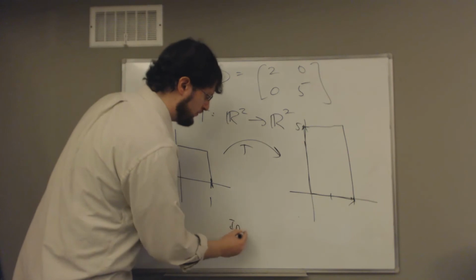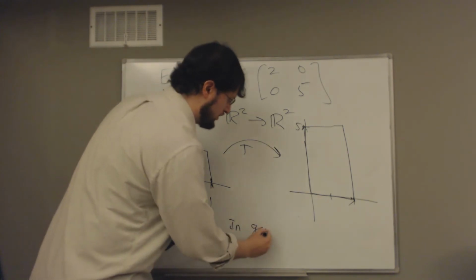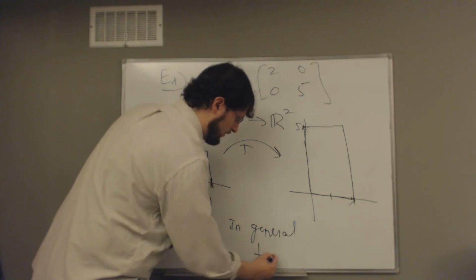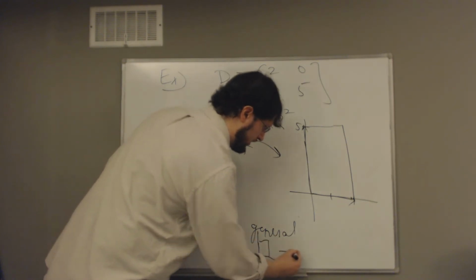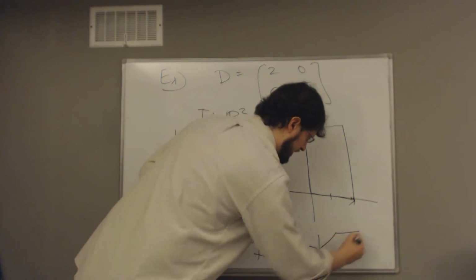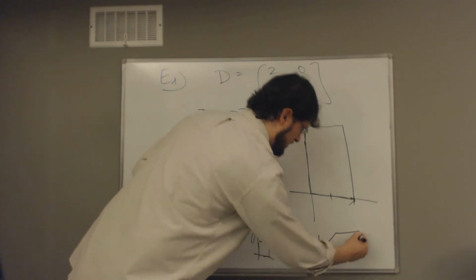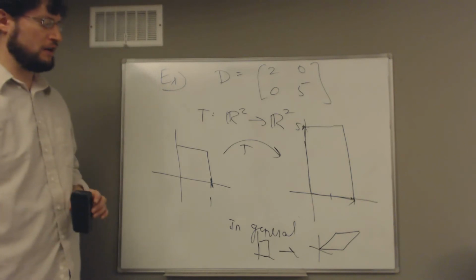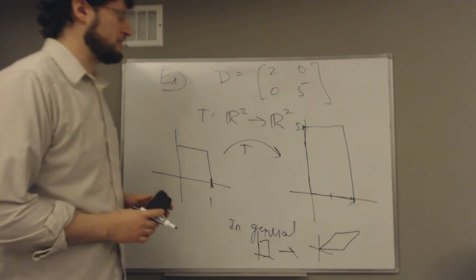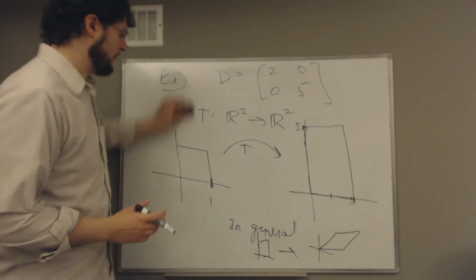So in general, if we had a more general matrix, which was not diagonal, we might find something where a square gets sent to, it could even be a diamond shape like this, some funny looking parallelogram, and diagonal matrices are much nicer in that regard.